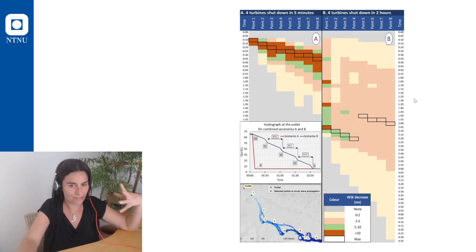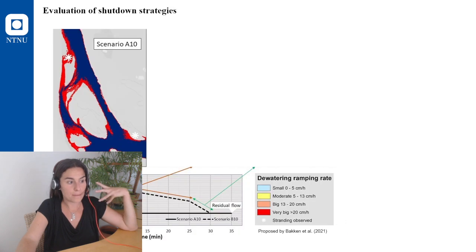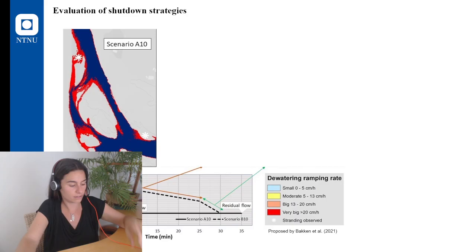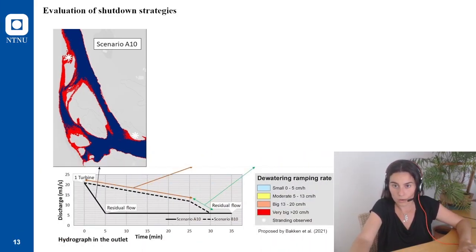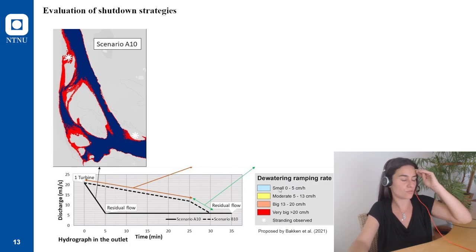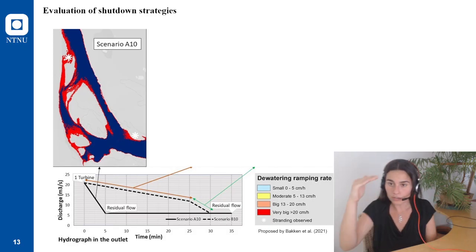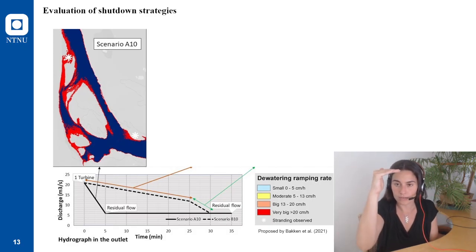But we can quantify that. The way we wanted to quantify that was by measuring the dewatering ramping rate that we can see here. The dewatering ramping rate is when the water surface elevation decreases, and at which velocities this can happen.